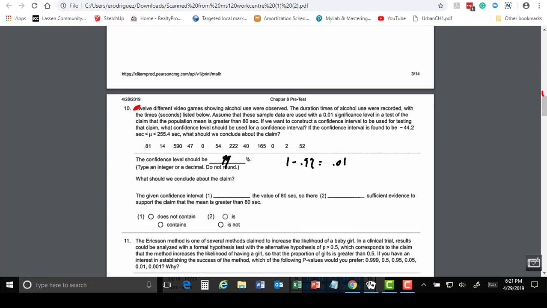So we have this guy set up like it is. So we have the confidence interval P is going to be, and it tells us minus 44.2 less than mu, less than 255.4 seconds. Close the thing, and then put equals. And then remember what our confidence interval is, 0.99.